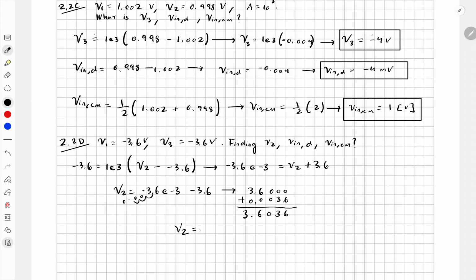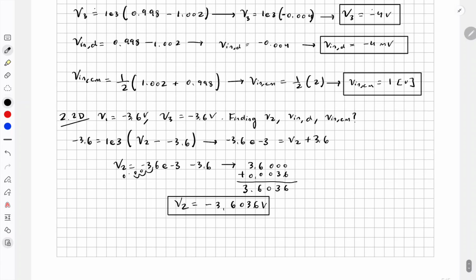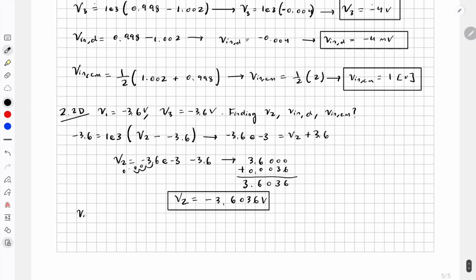So then V2 is equal to negative 3.6036 volts. And now we're finding V in D, the difference.